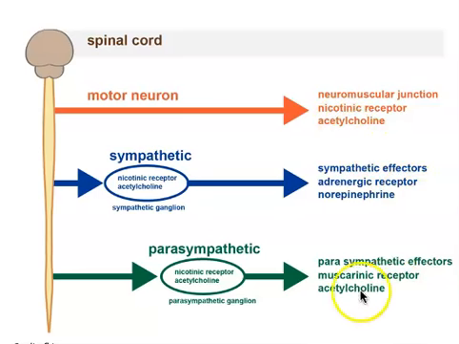Muscarinic, and you only find those in the parasympathetic division, muscarinic acetylcholine receptors can be either excitatory or inhibitory, and they are metabotropic receptors. That means that when the acetylcholine binds, they're not ion channels themselves.